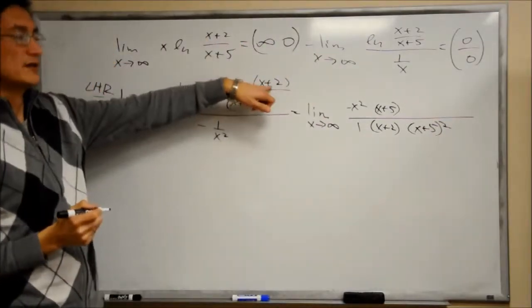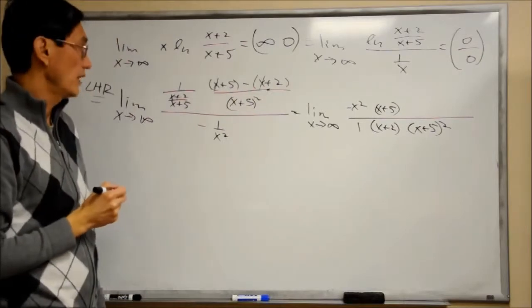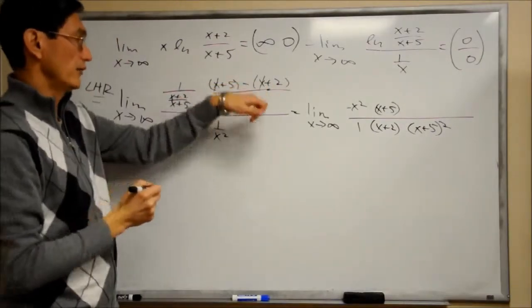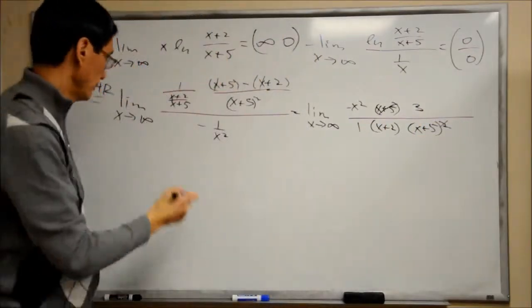And (x plus 5) minus (x plus 2) is 3. After combining terms, x minus x is gone, and 5 minus 2 is 3, and 3 is on top.